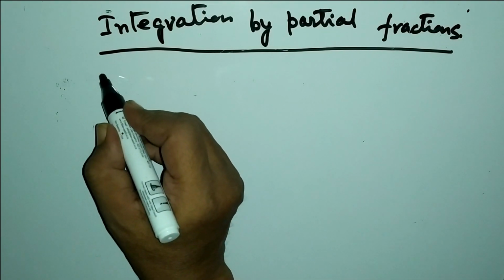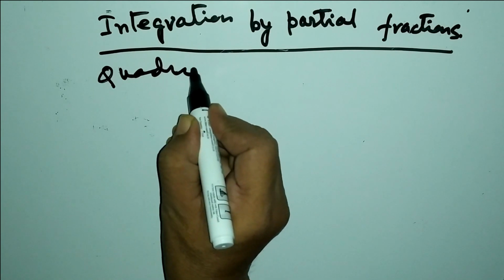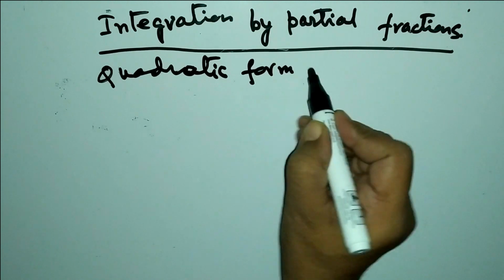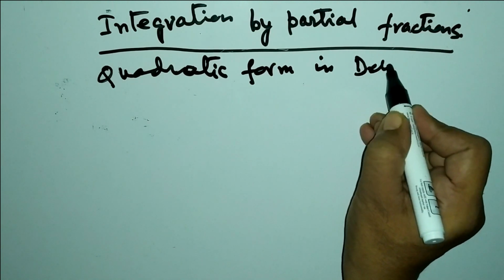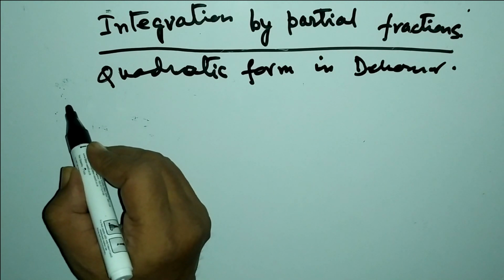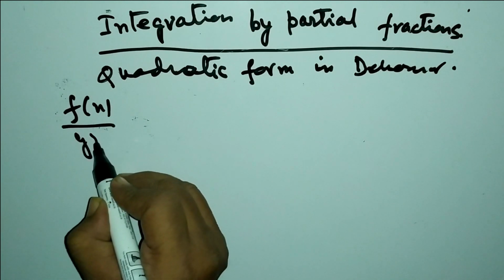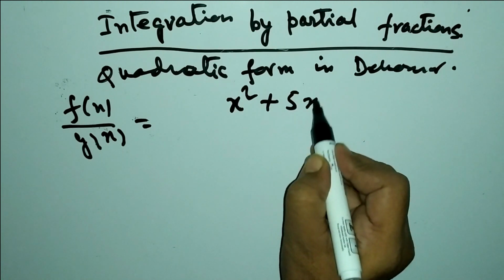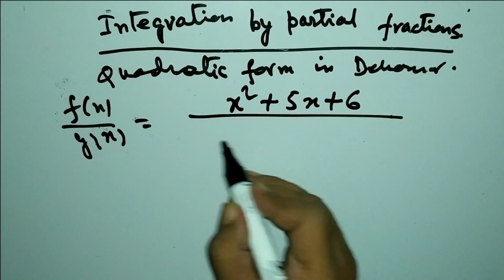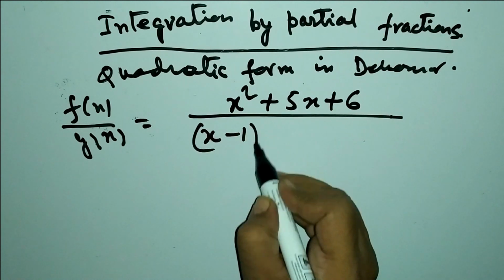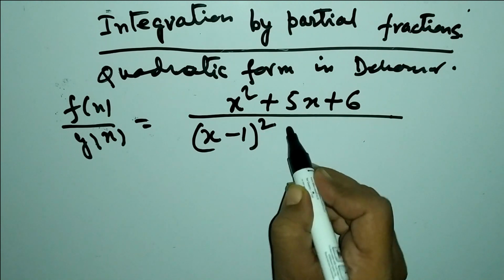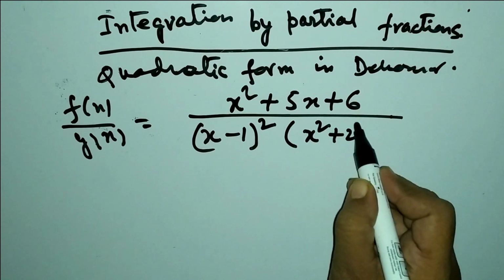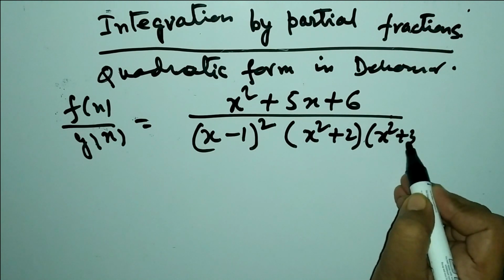Case 3, quadratic form in the denominator. Suppose f(x)/g(x) is equal to (x²+5x+6)/((x-1)²(x²+2)(x²+3)).